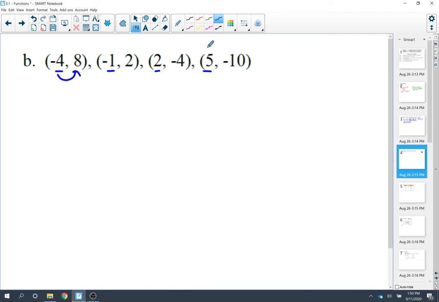Do I see any other -1s as an input? No, so that's exactly being paired with 2. That's okay. 2 is being paired with -4, and I don't see 2 being paired with anybody else. And 5 is being paired with -10, and I don't see 5 being paired with anyone else. So yes, this is a function.